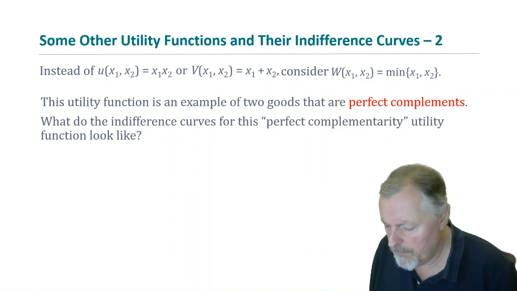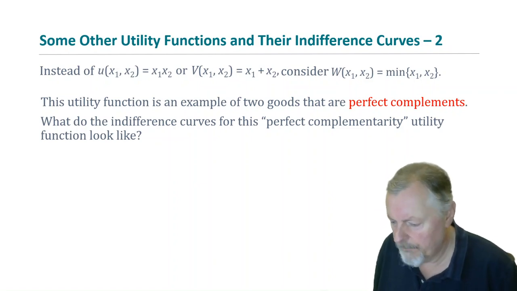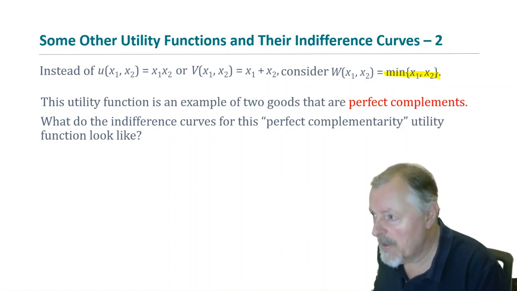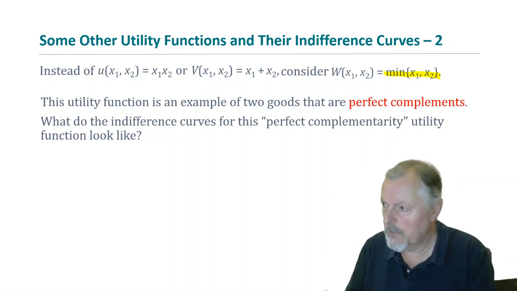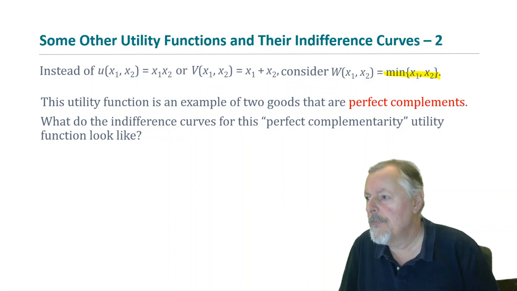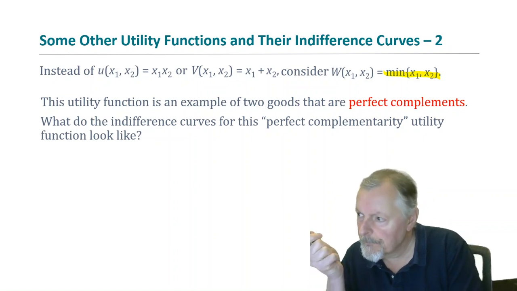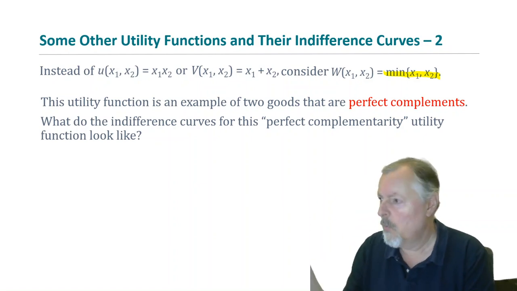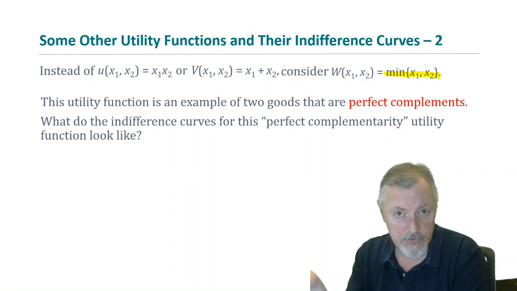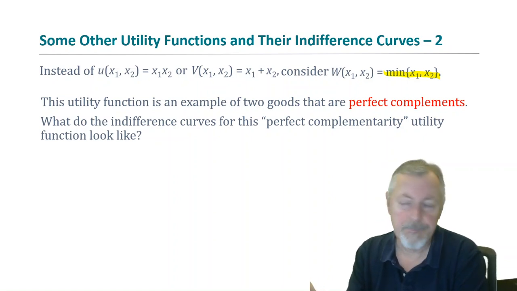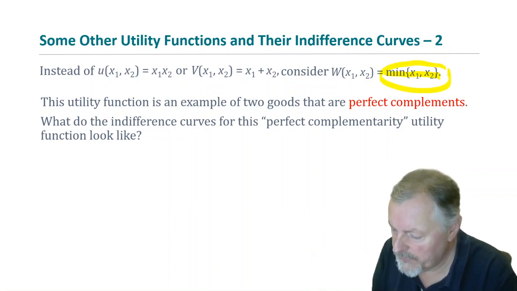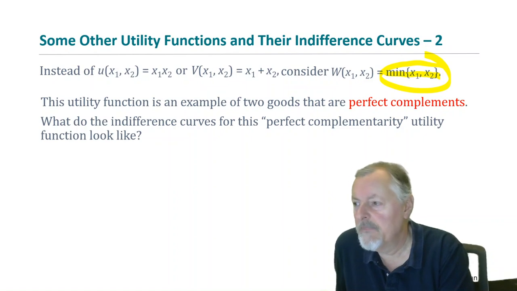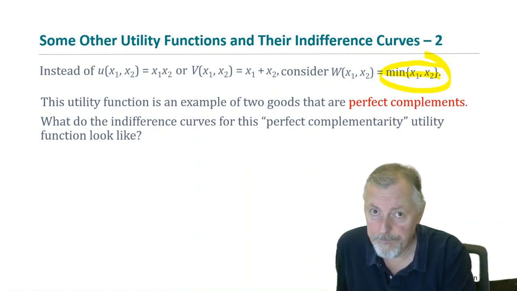Okay, I want to mention this mathematical notation, min{x1, x2}. That means that that number is whichever of the things in the braces, x1, x2, is smaller. If x1 equaled 5 and x2 equaled 3, then this entire term evaluates to 3.